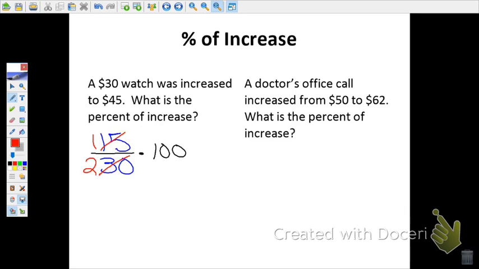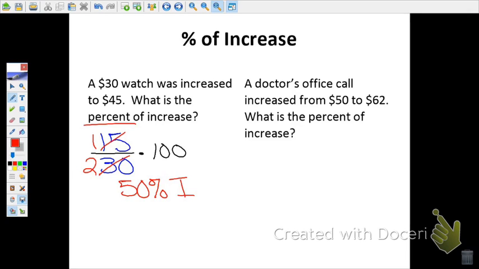So now I have 1/2 times 100. What's 1/2 of 100? 50. We are looking for a percent, and we see that word increase. You can just put the letter I for increase, but we want to make sure we identify if it's an increase or a decrease.